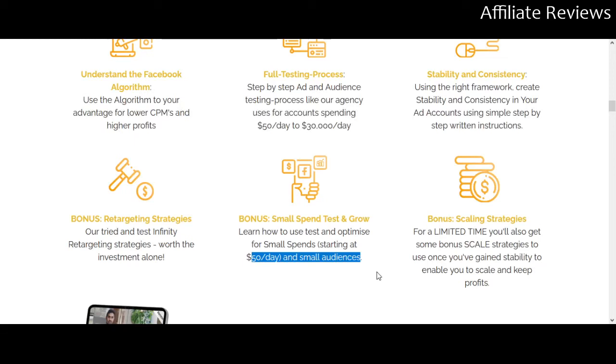But what it's going to let you do is go from spending $50 to $100 and scale up to spending $300, $500, $1,000, $5,000. You're going to figure out how much you want to spend based on the results that you're getting. Okay, so this is just sort of common business practice sense.